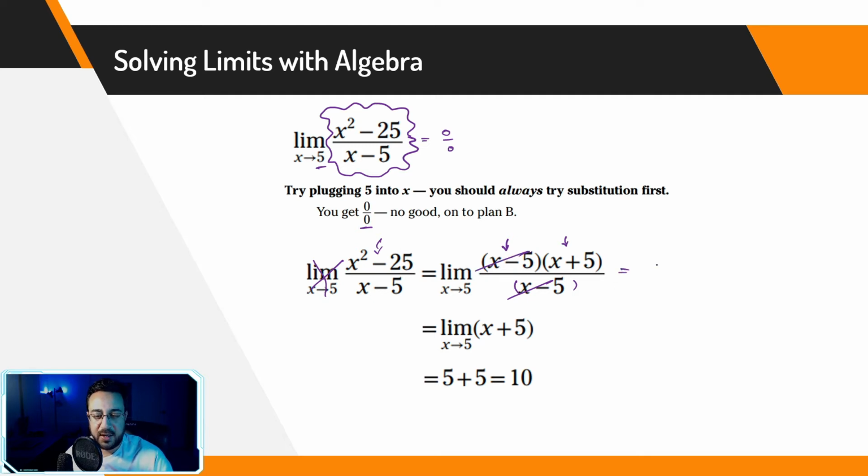We end up with, as the simplified function, x plus 5. Forget about the limit for now. Now you have x plus 5. Let's try the limit on that. The limit of x plus 5 as x approaches 5 is 5 plus 5, equal to 10. So the limit exists: as x approaches 5, the limit equals 10.